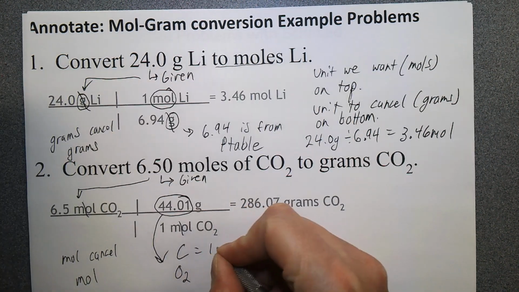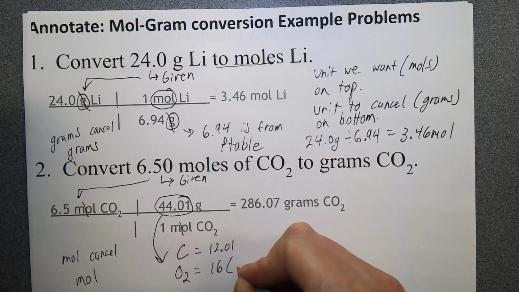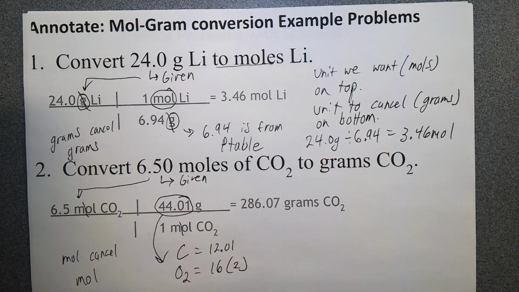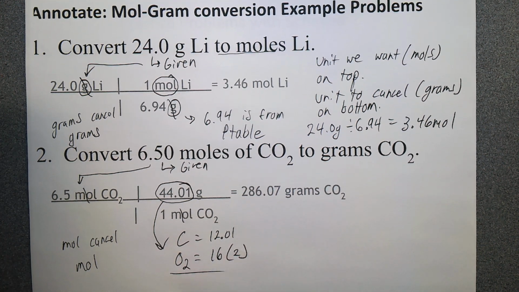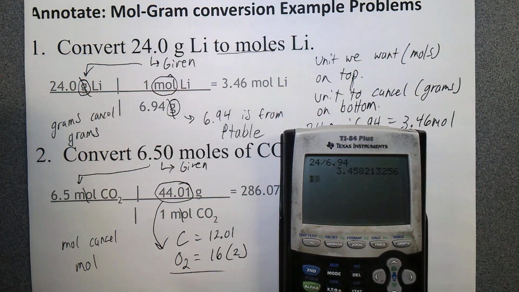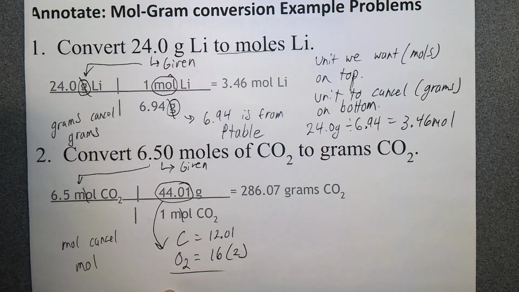So carbon, 12.01. Oxygen is 16 times 2, since it's O2. And to get the 44, we are adding those two numbers together. I'm taking the 12 and adding it to, well, 16 times 2 is 32. So that's where we get this 44.01 from. It's from the periodic table with a little bit of math from us.